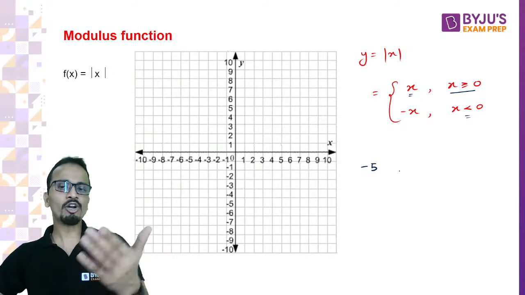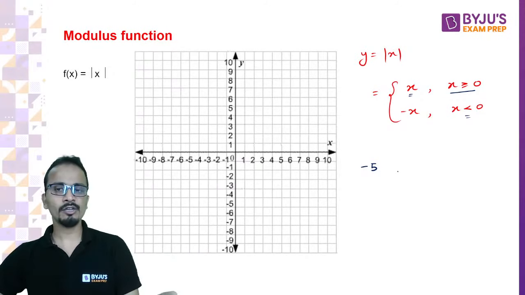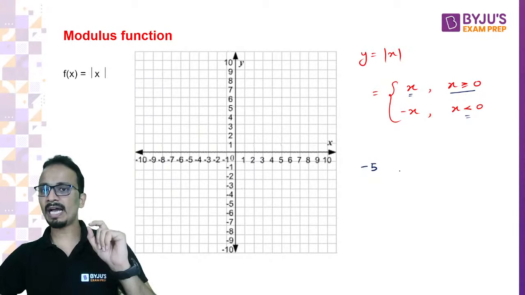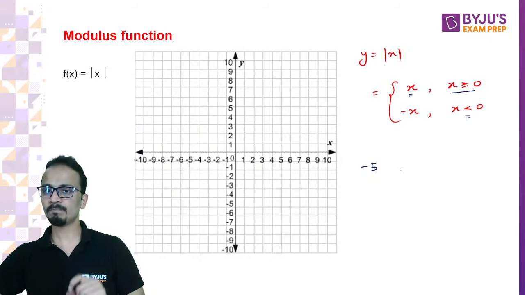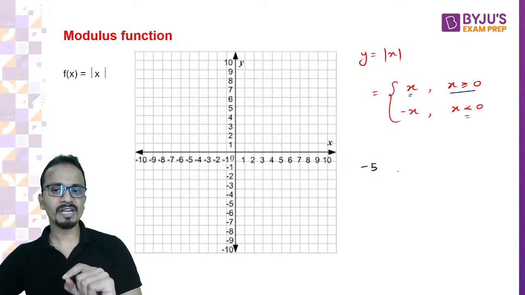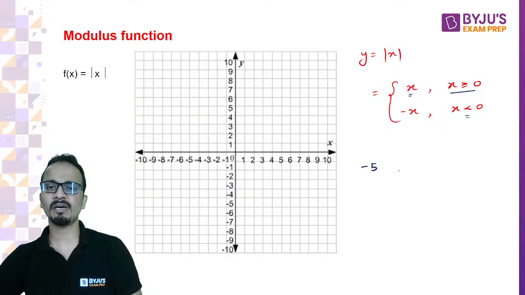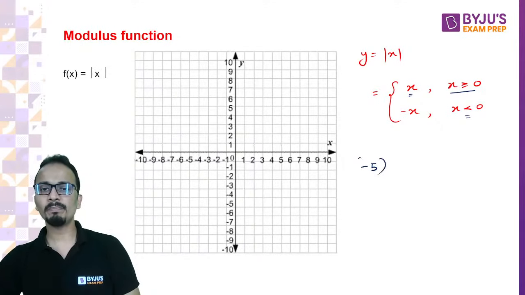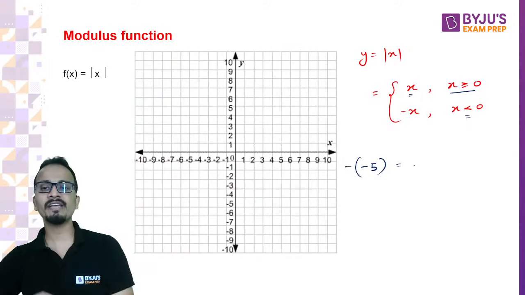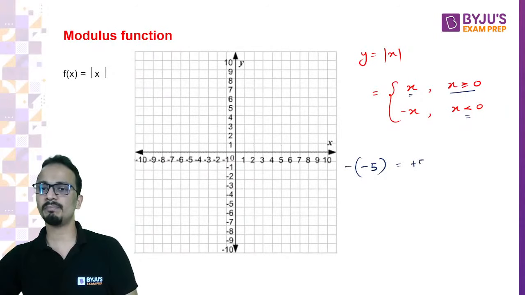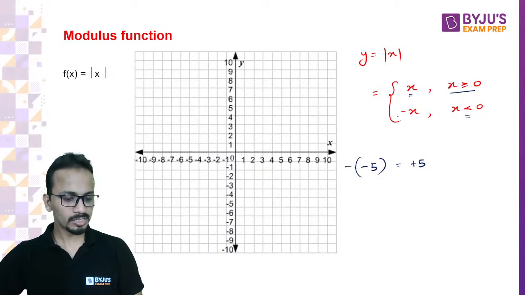So obviously I cannot erase the negative sign in front of minus 5. I have to use some arithmetic operator. So if I want to convert a negative number into a positive number, I'll put a negative sign in front of it. So negative of a negative number will be a positive number.